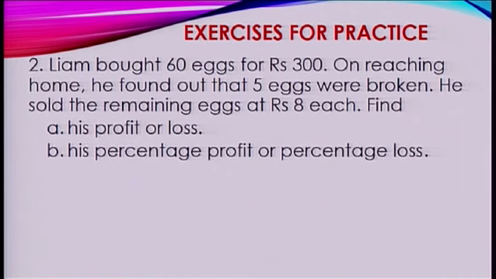Liam bought 60 eggs for 300 rupees. On reaching home, he found that 5 eggs were broken. He sold the remaining eggs at 8 rupees each. Find, part A, his profit or loss, and part B, his percentage profit or percentage loss.